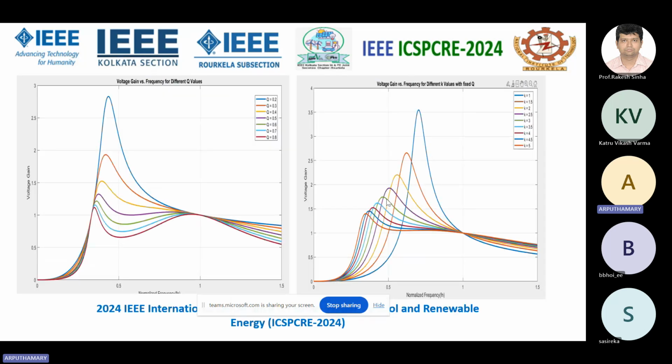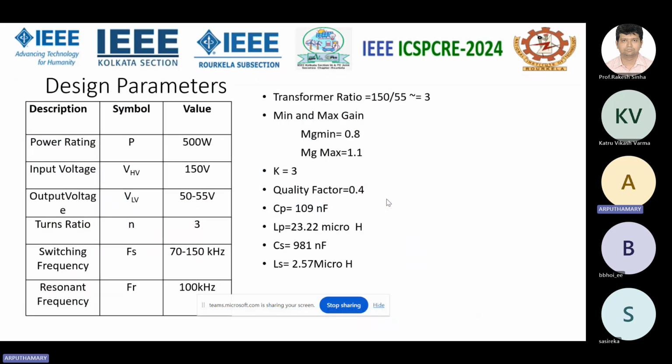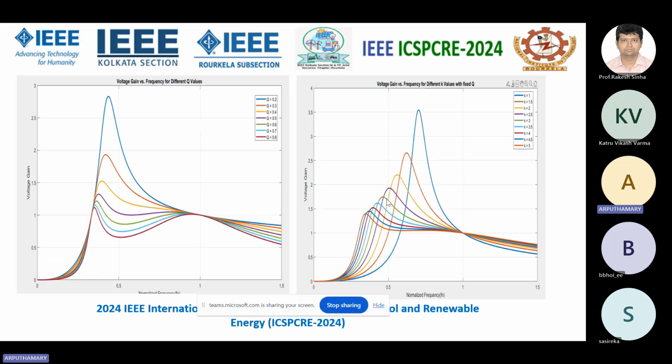Accordingly, I have used the fundamental harmonic approximation. Among the different iterations, I have selected my K and Q values. Q is the quality factor, used in order to find my resonant values CP, LP, CS, and LS.